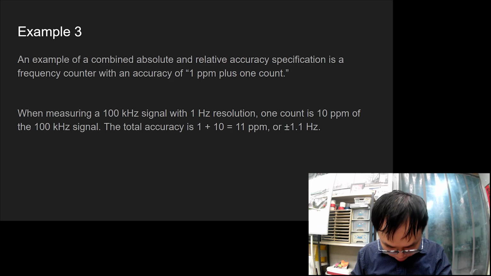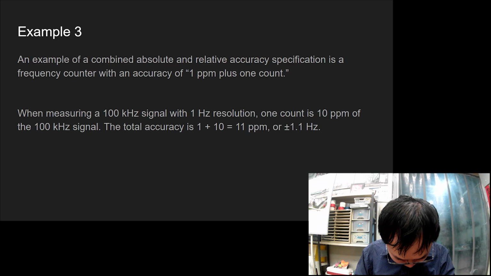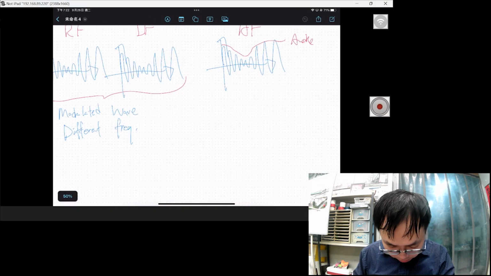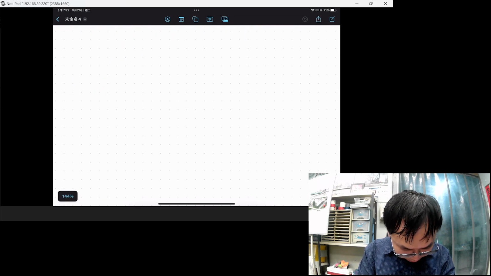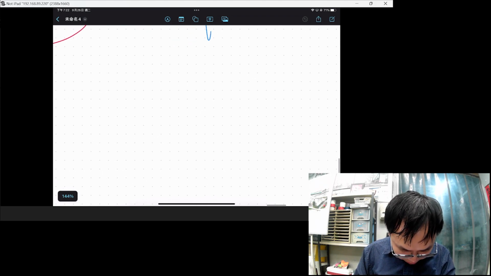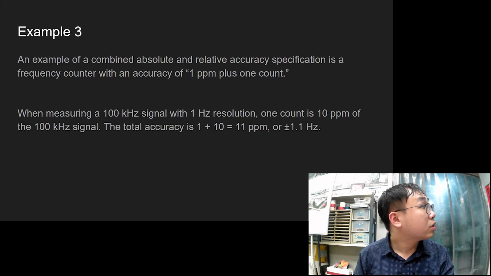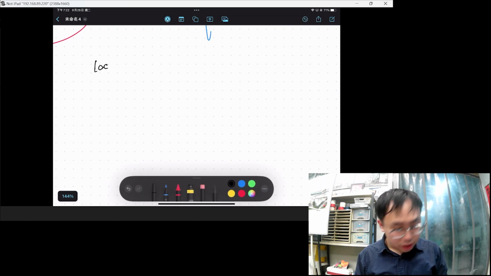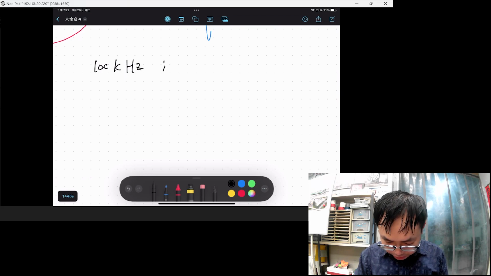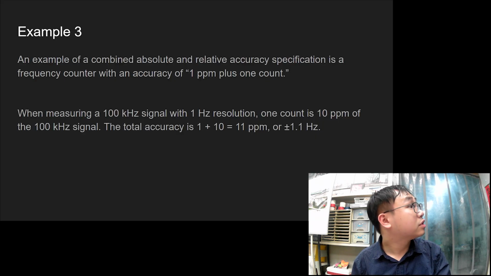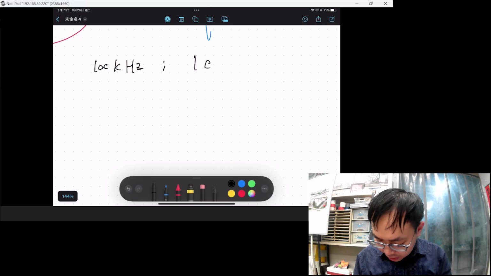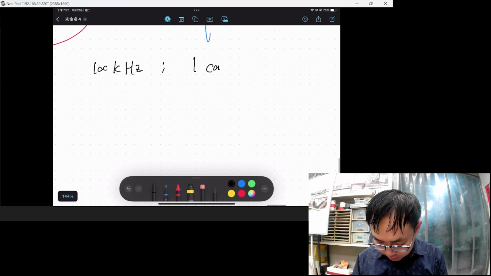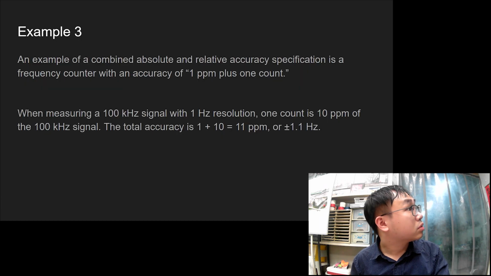Do I have to do the calculation? Okay, I can do the calculation. Just a minute. So for example, they mentioned 100 kilohertz, accuracy is 10 ppm, 1 count.